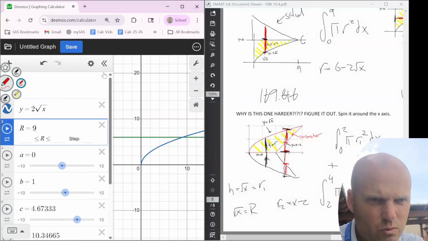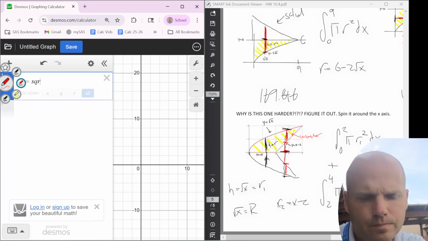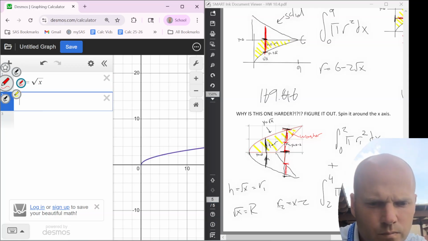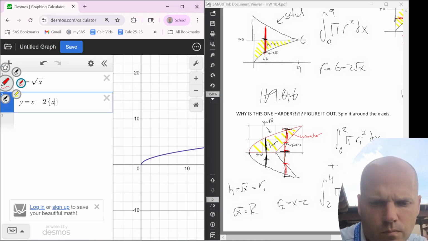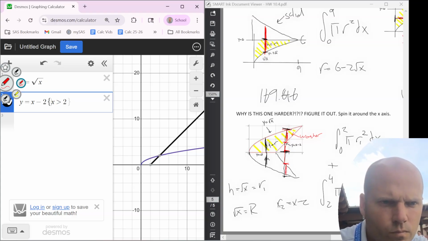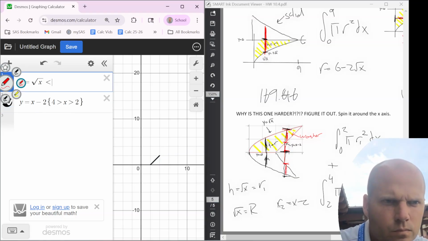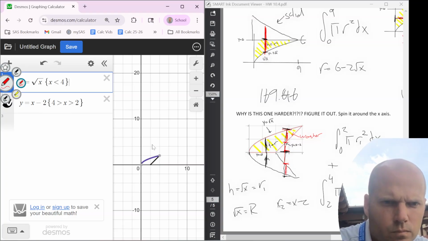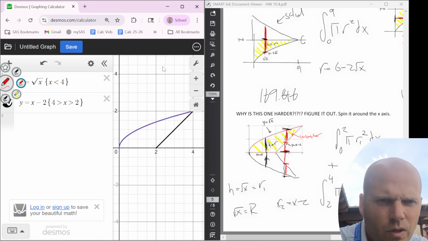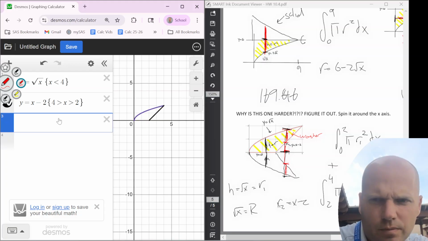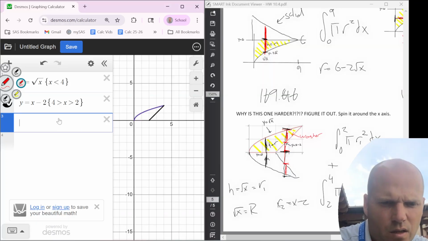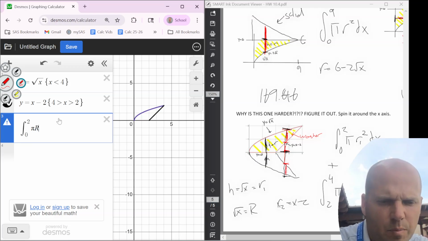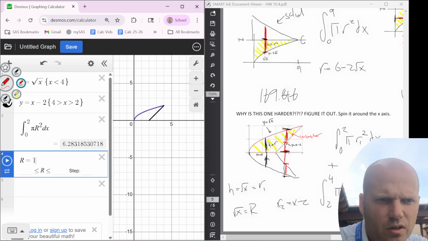Let me just clear it off. Okay, there. The first integral, I really could say I have the big R. Big R is root x.